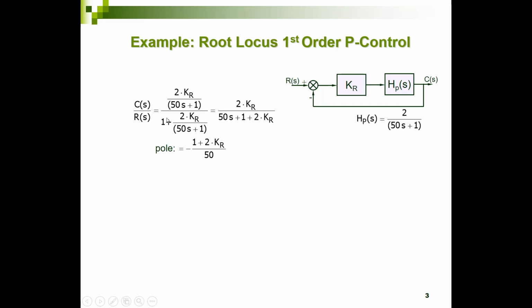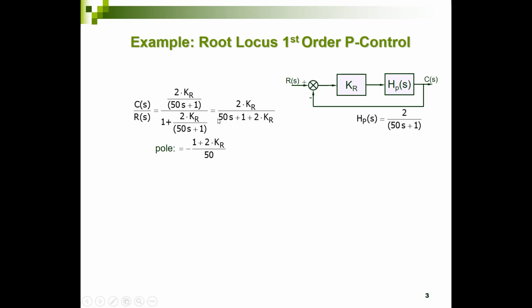So now we can get rid of the fractions by multiplying the numerator and denominator by 50s plus 1, and then we get 2 times KR divided by 50s plus 1 plus 2 times KR.